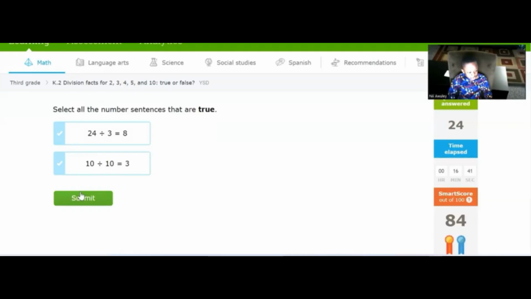8 divided by 3 is 8. 10 divided by 10 is 3.